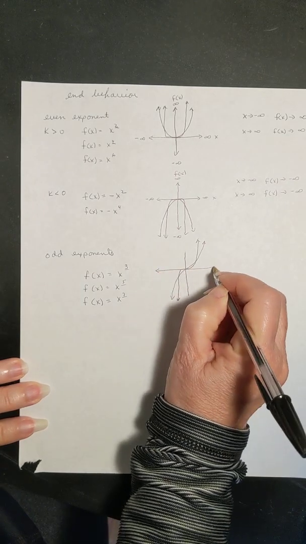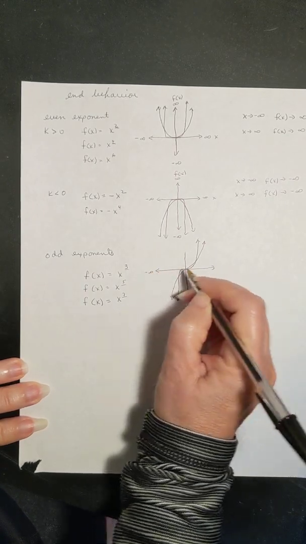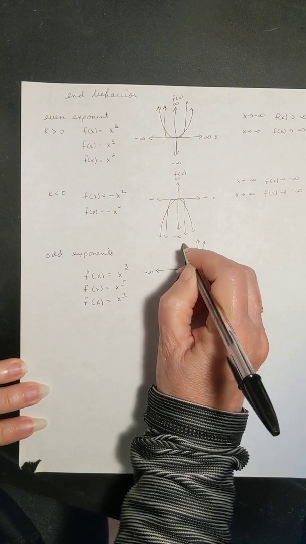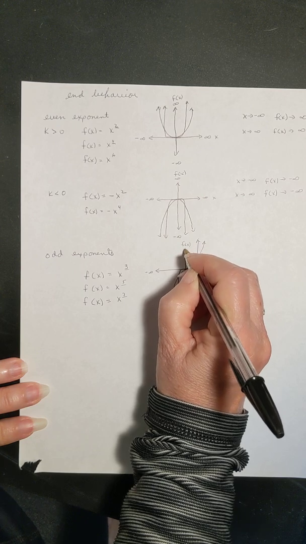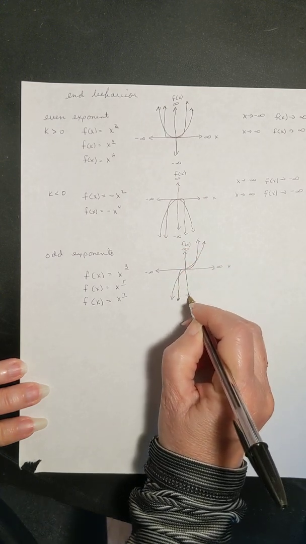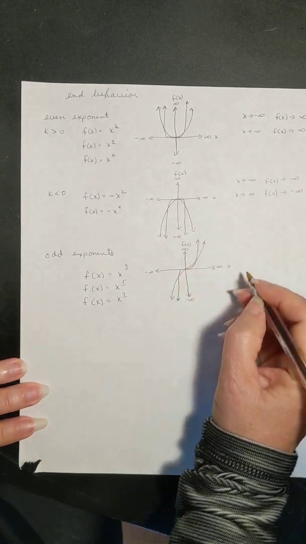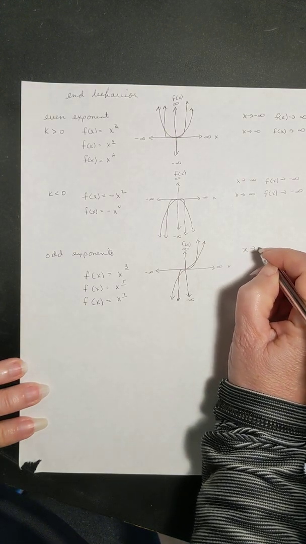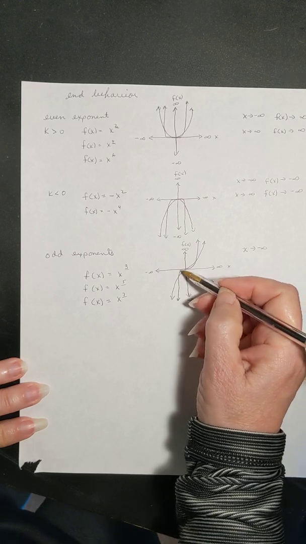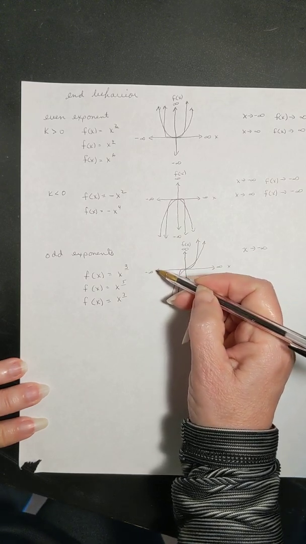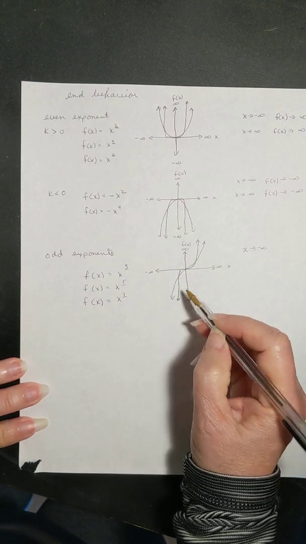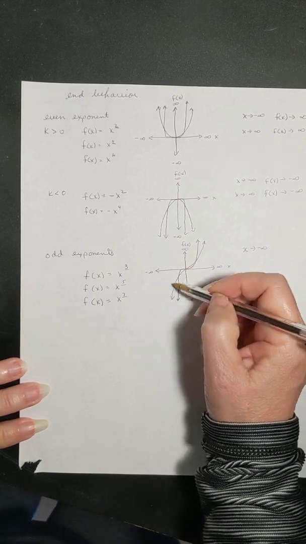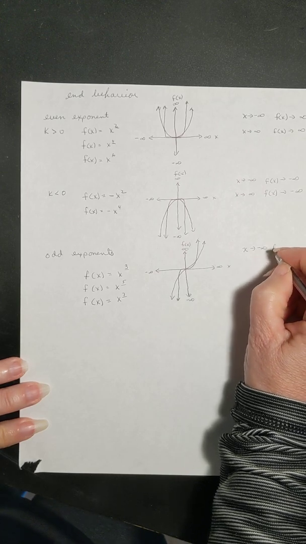Now again, let's look at our x. It goes towards negative infinity here and infinity here. And here's our f of x, and it goes towards infinity here and negative infinity here. So notice, as x approaches negative infinity, so when x goes this way, what's happening to the y? It's going down, because you see how it goes down. So when x goes towards negative infinity, y goes towards negative infinity.